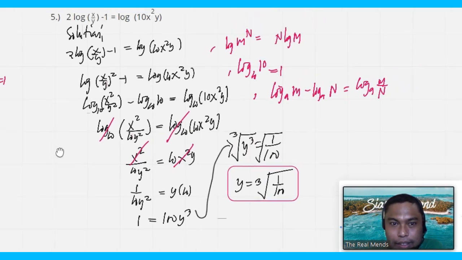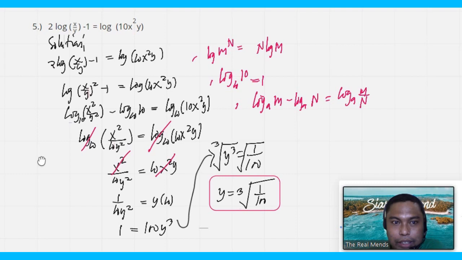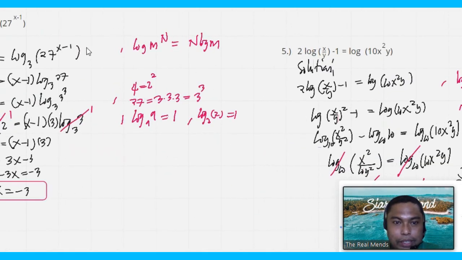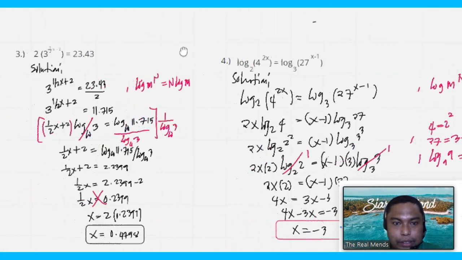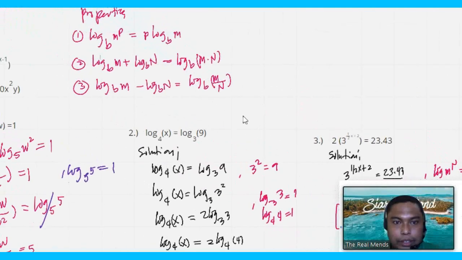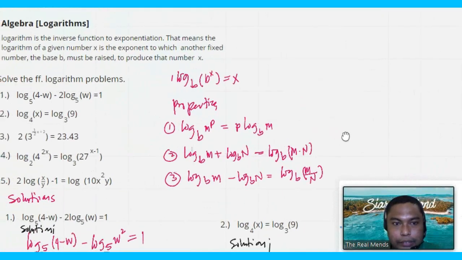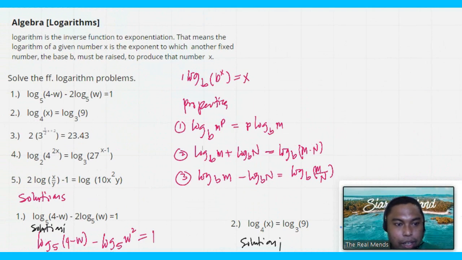It's very simple to do if we already know the properties. Again, we just have a quick review of the properties. If we have log base b of m to the v, it is just equal to v log base b of m.